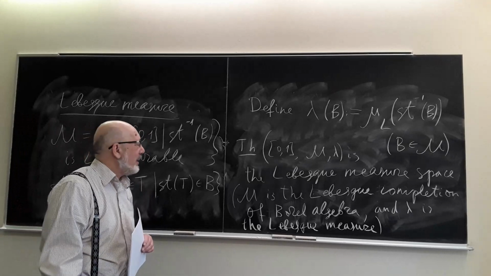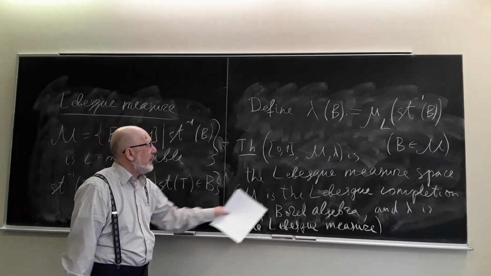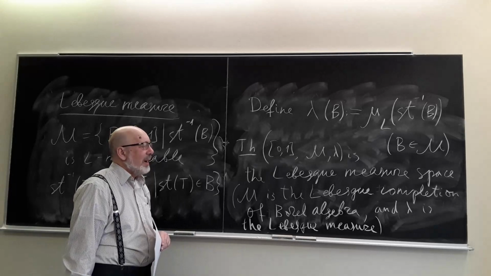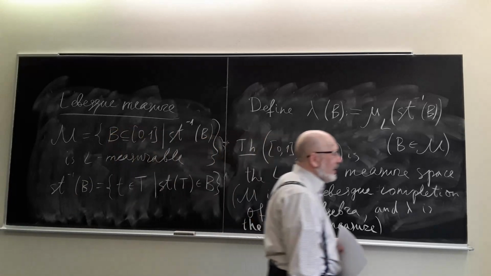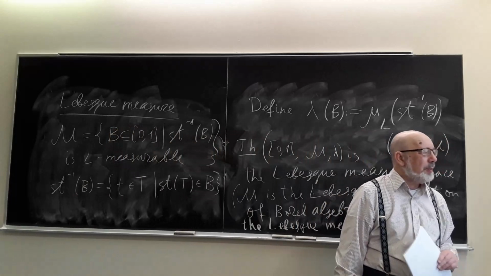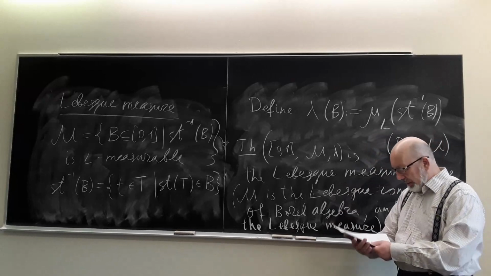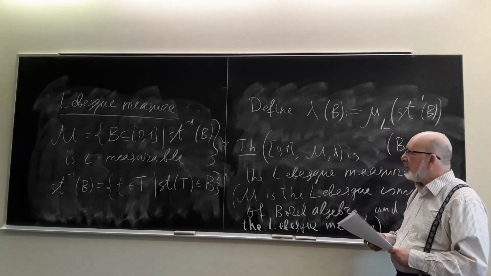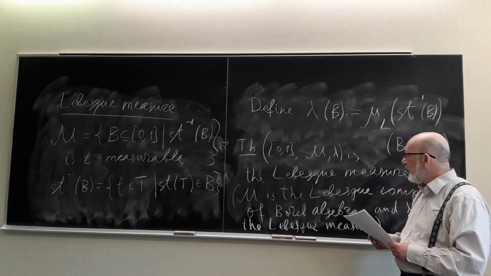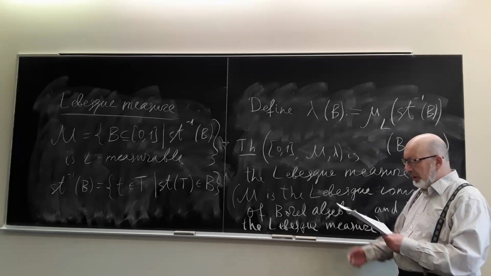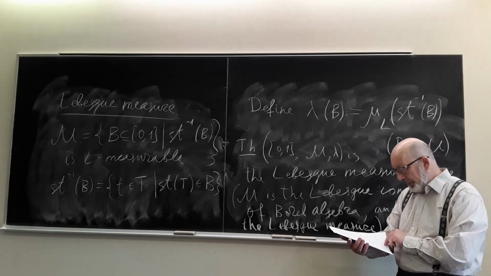And so we have this Lebesgue completion. Now, what should we prove? The construction of Lebesgue measure is itself a subject of the course of measure theory, so I'm not going to repeat all this.